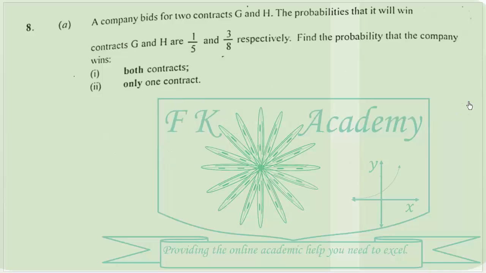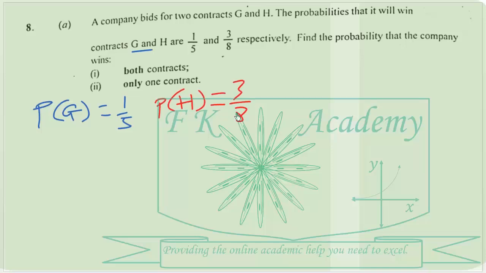So A(i). It says that probability of winning contract G is 1 over 5. Probability of winning contract H is 3 over 8.